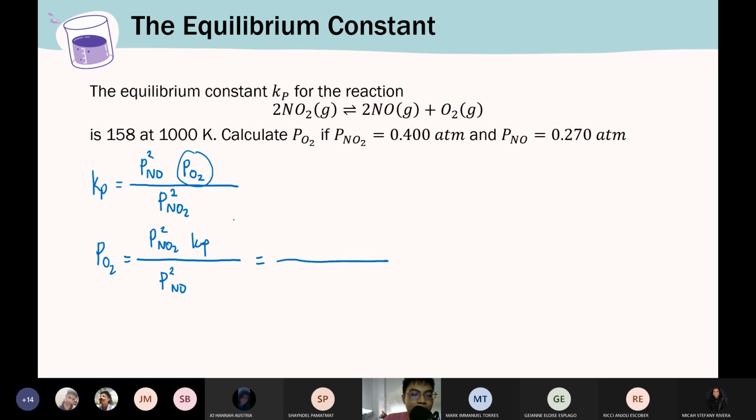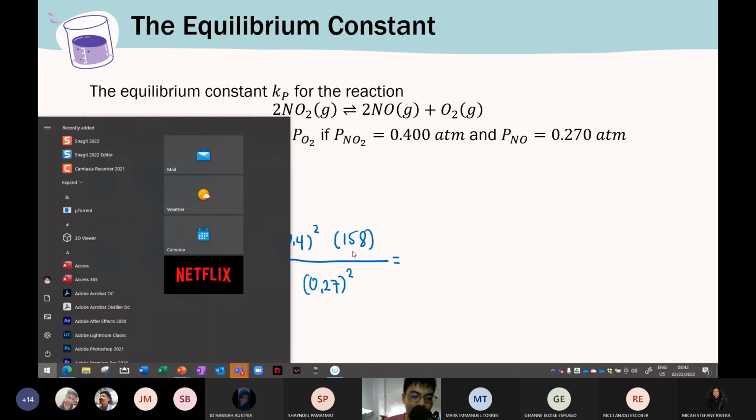So let's plug in the values. For NO2, 0.4 squared. For the Kp, that's 158. And for the NO, that's 0.27, squared. Okay, for the answer, calculate tayo.